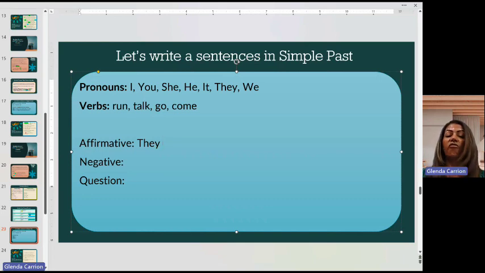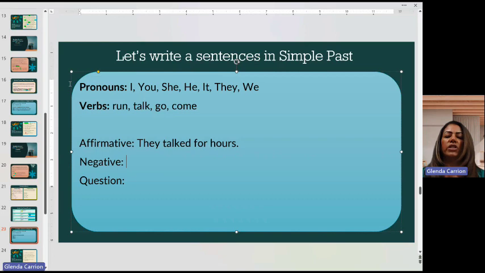But because it is affirmative, I need to think about what is the past tense of talk. Well, talk is a regular verb, and because it is a regular verb, it ends with the suffix ed. So they talked for hours. Ellos hablaron por horas, right?